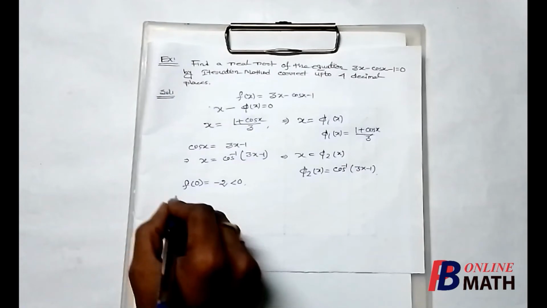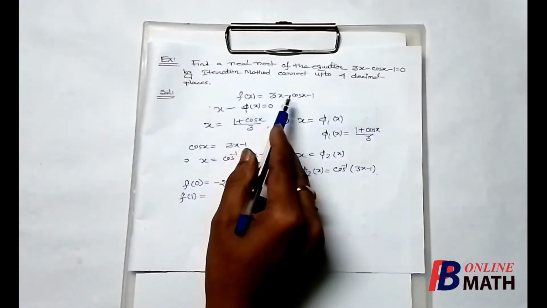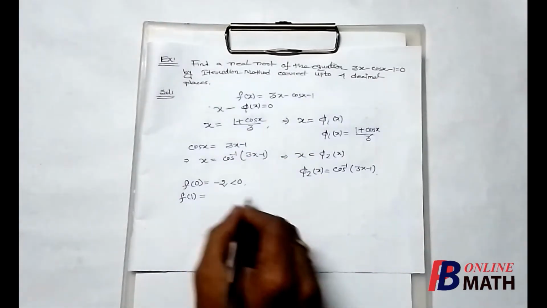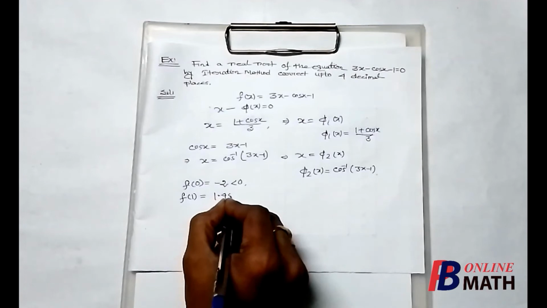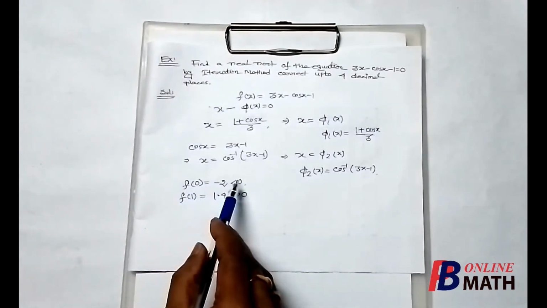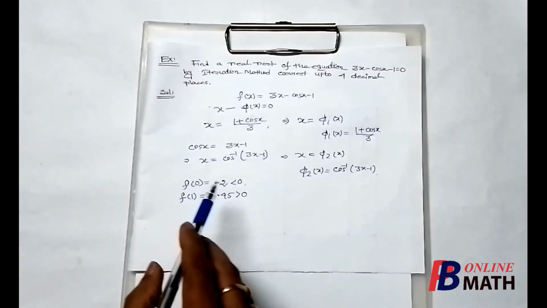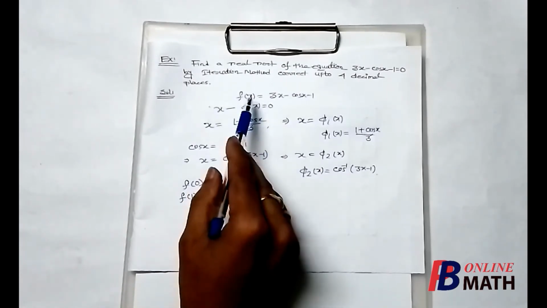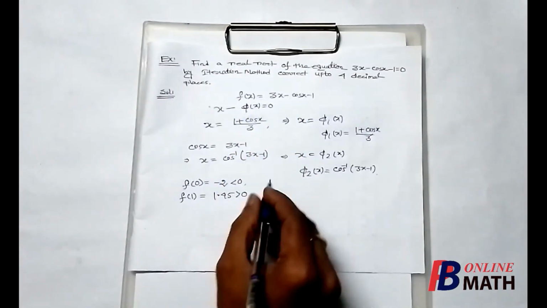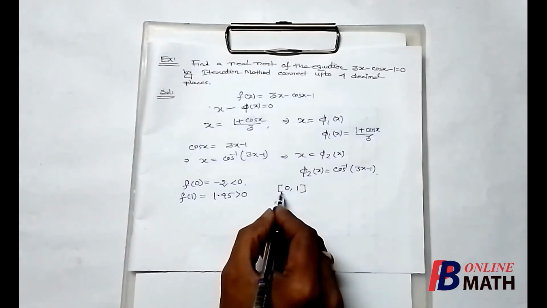Now if we put x equal to 1, then it becomes 3 minus cosine 1 minus 1, which is approximately 1.45. This is greater than 0. So here we find that f(0) is negative and f(1) is positive. Therefore, there exists at least one real root of this equation f(x) equal to 0 between 0 and 1. So we take the initial closed interval as 0 to 1.